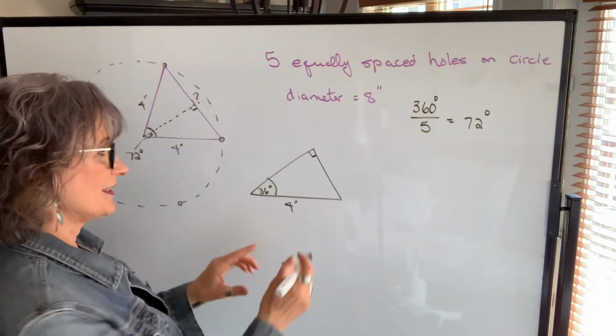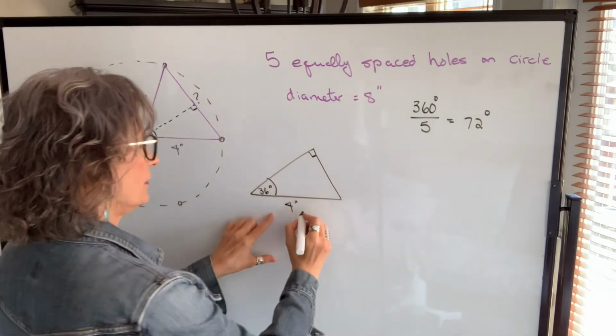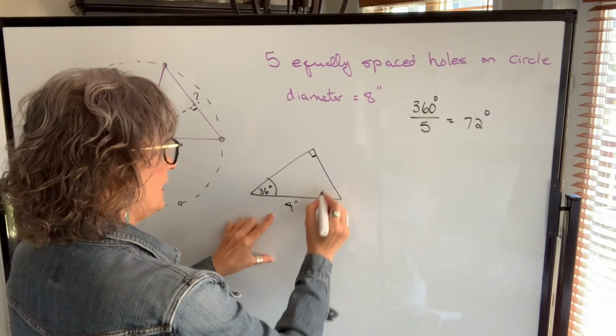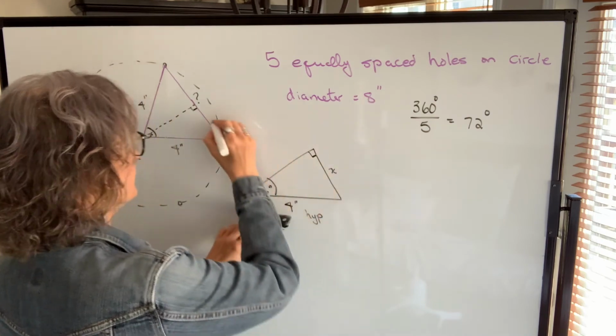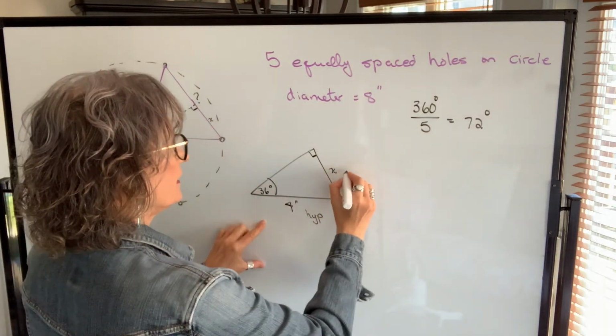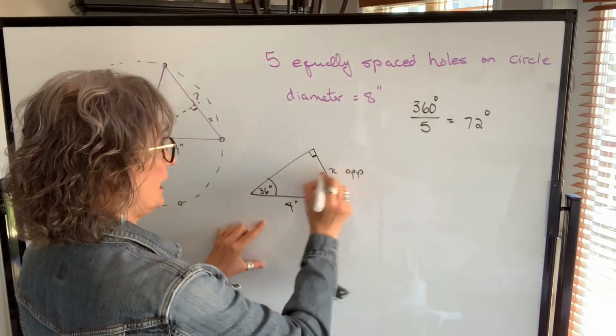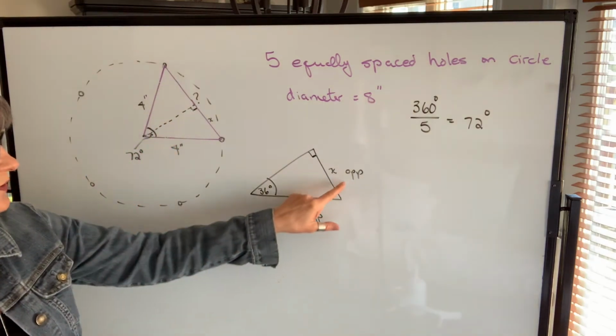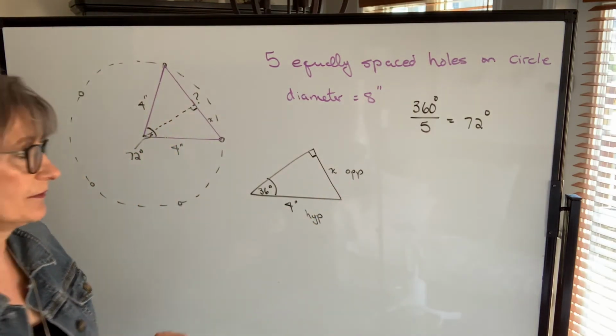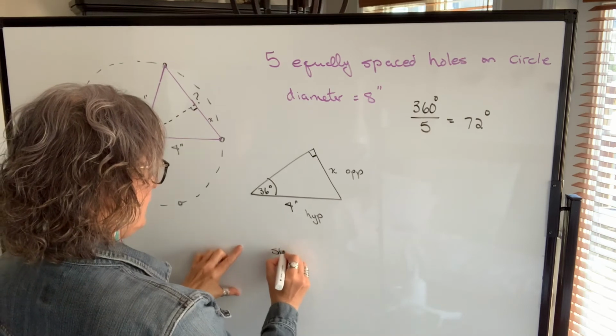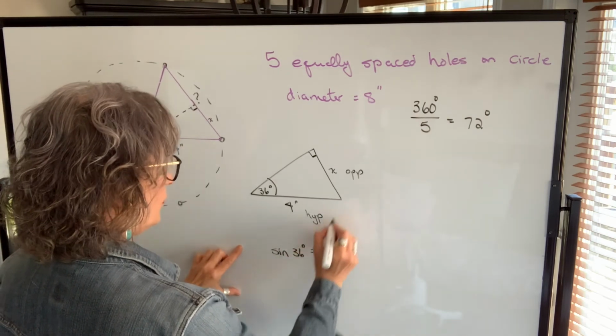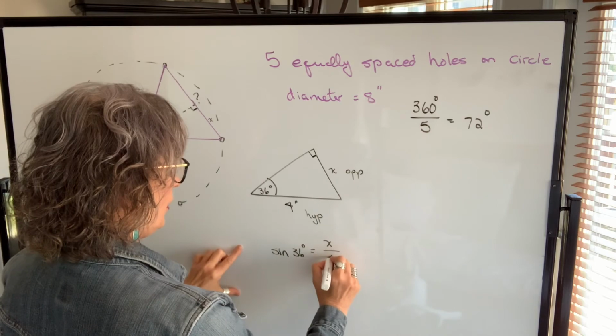Let's label the sides. This side is across from my right angle, so this is the hypotenuse. This side I'm going to call x. It is the opposite side, it's opposite the angle. So my trig function that uses opposite and hypotenuse is the sine function. So the sine of 36 degrees will equal the opposite side over the hypotenuse.